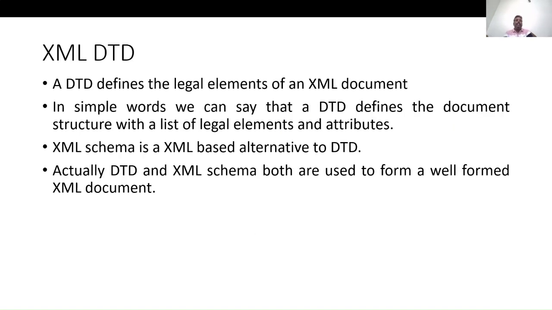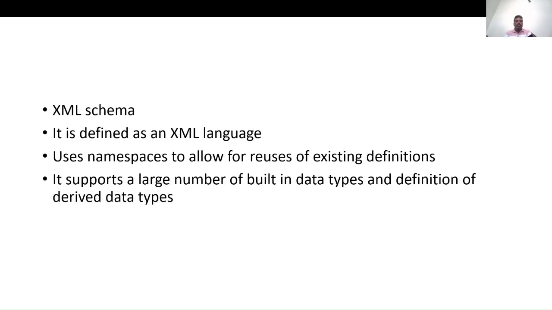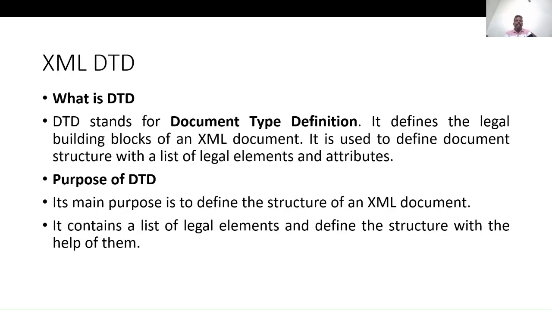DTD is a document type definition, which defines the legal building blocks of an XML document. We'll see the structure. It is used to define the document structure with a list of legal elements and attributes. So the purpose is that we form some structure: in what format the XML should be, and what elements should be present, defined using legal building blocks. That is what DTD is.